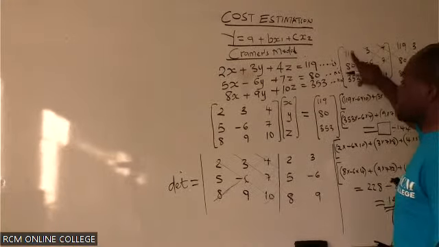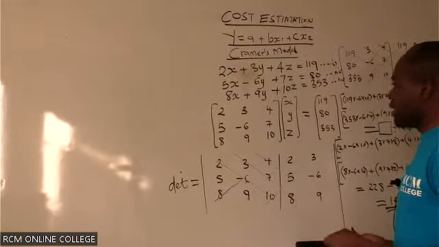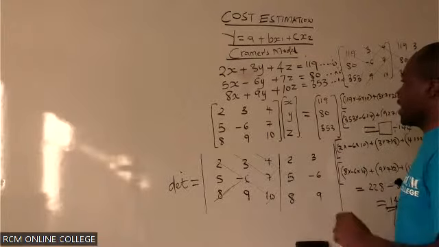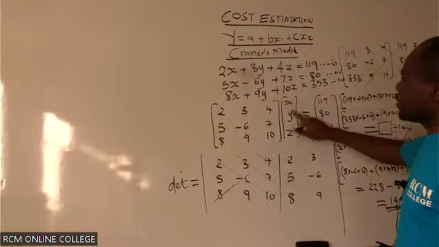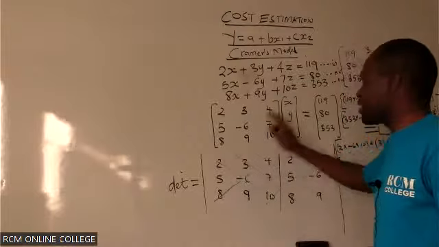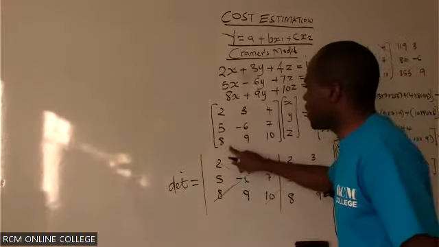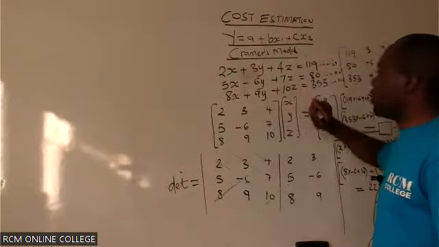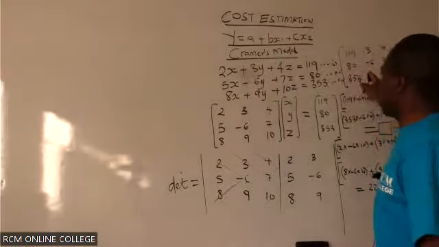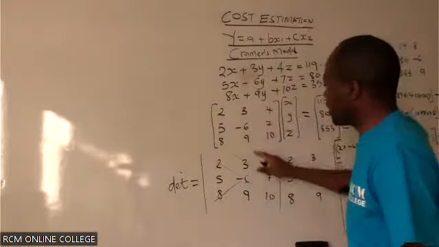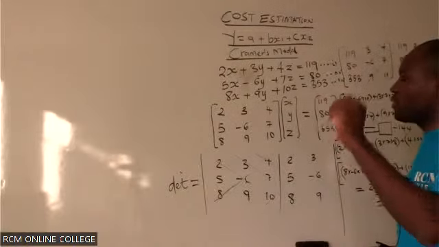Now here, this is the pattern. After getting the determinant, I will bring this to replace the first column, then the result will be the value of x. When I bring this one here to replace the second one, I'll be able to get the value of y.